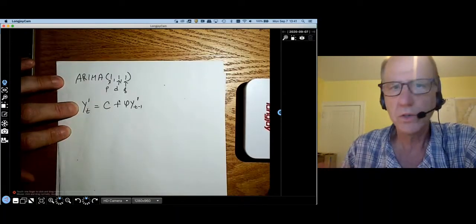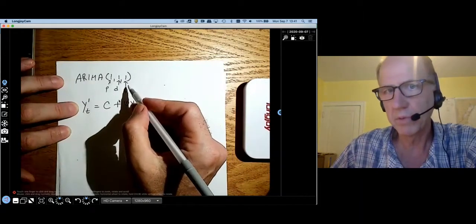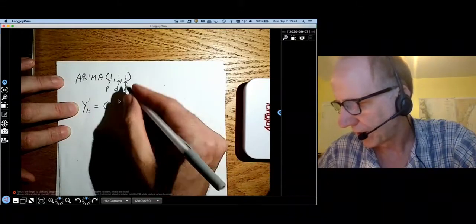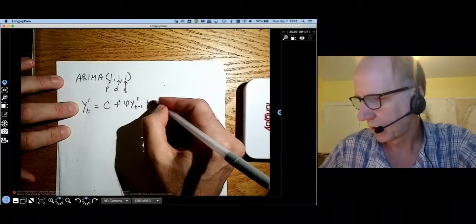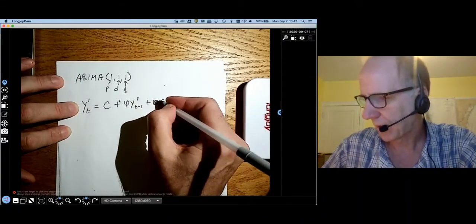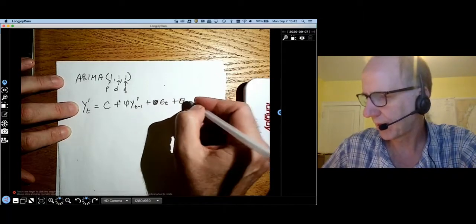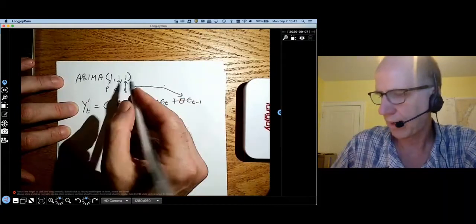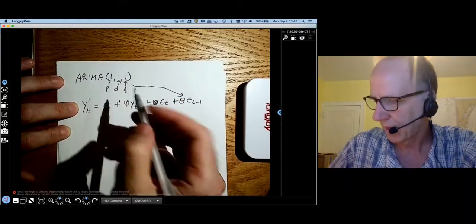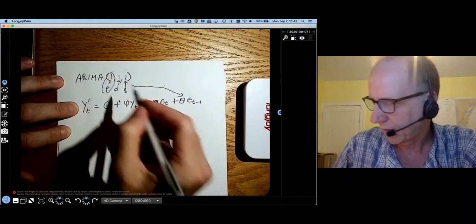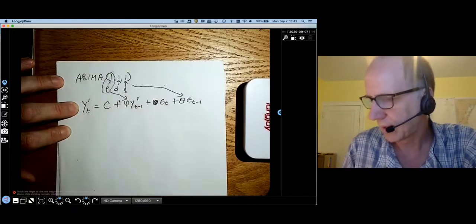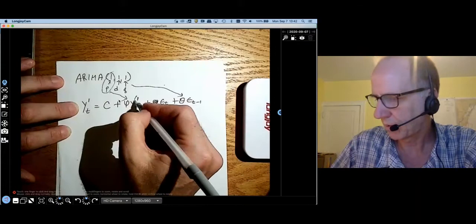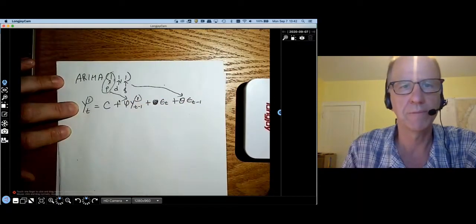This third term is the number of moving average terms that we want in our model. So this is saying include 1. So we're going to have epsilon t plus theta epsilon t minus 1. This term comes from there. This term is saying we need this piece, and then the differencing is saying you need the primes there.